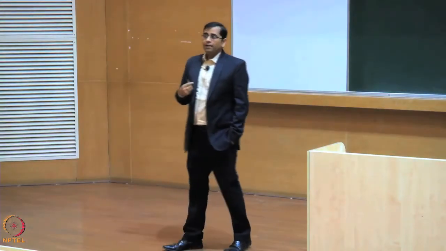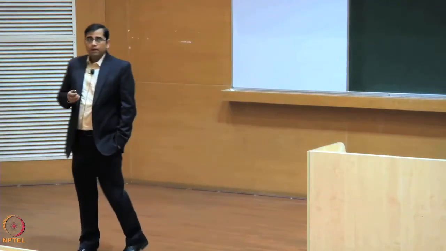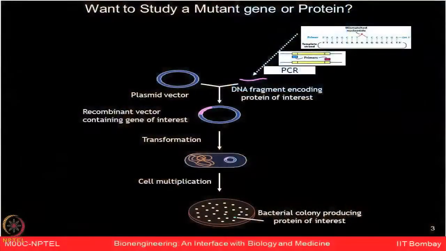If I go back to the last lecture, if you remember, we were talking about gene cloning. You remember this workflow: we have a plasmid vector, and along with it, we fuse a gene of interest, making a recombinant DNA molecule. That vector contains some marker genes like antibiotic resistance genes, so you can select the right clone.